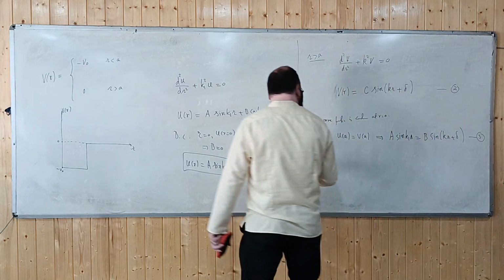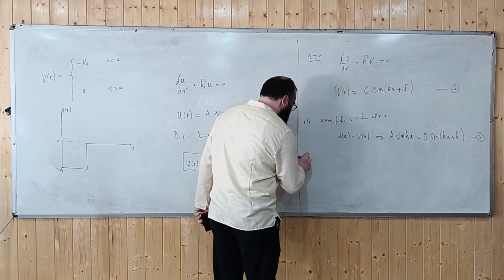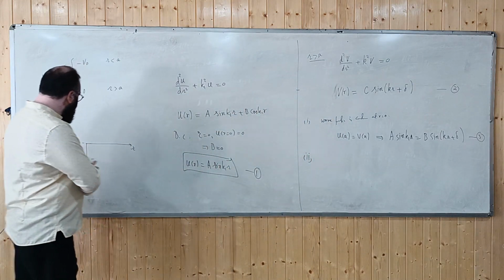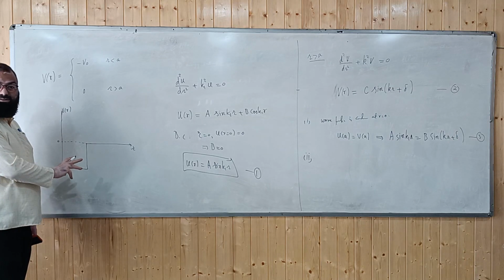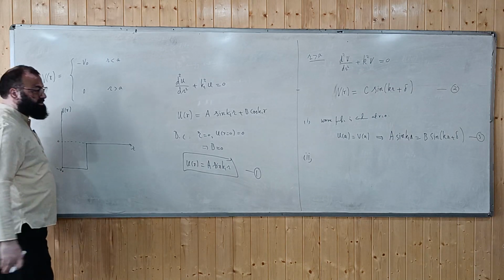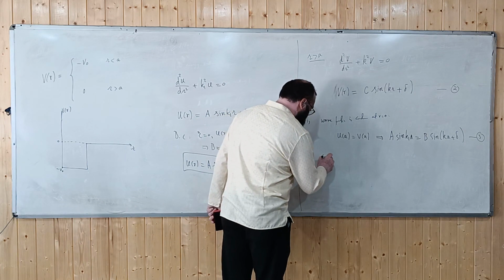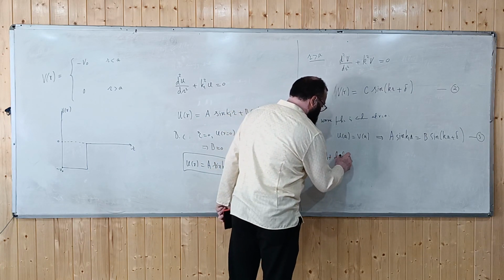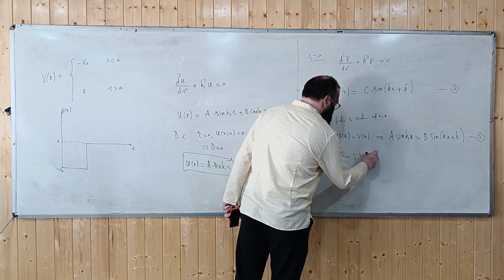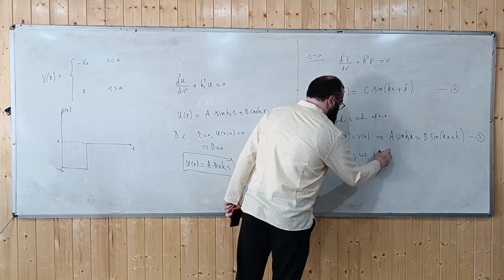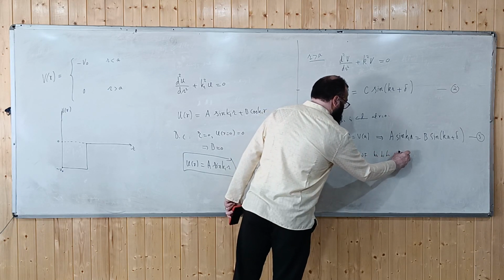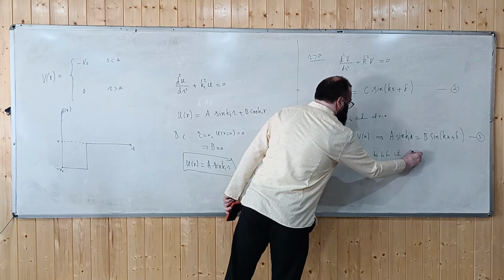Now the first derivative of the wave function has to be continuous because you are having only a finite discontinuity in the potential. It is not an infinite potential. So the first derivative of the wave function has to be continuous at r is equal to a.